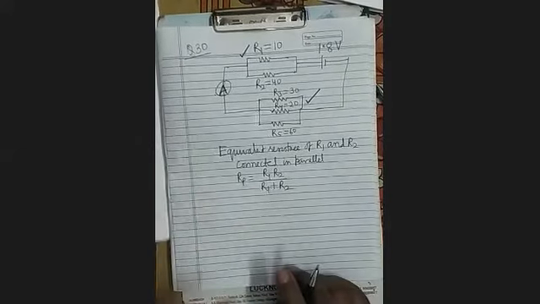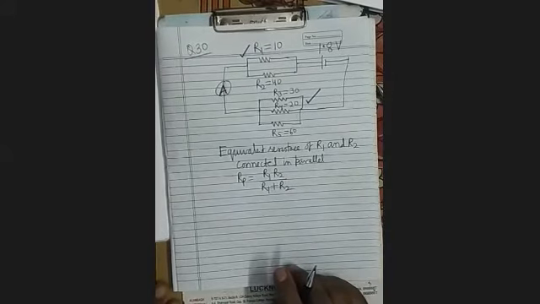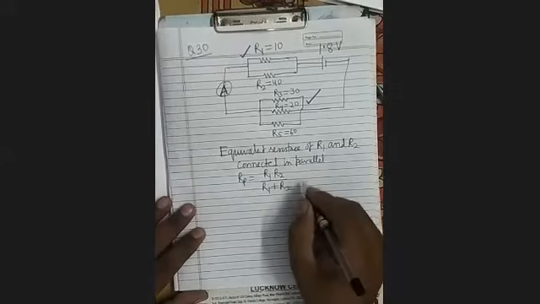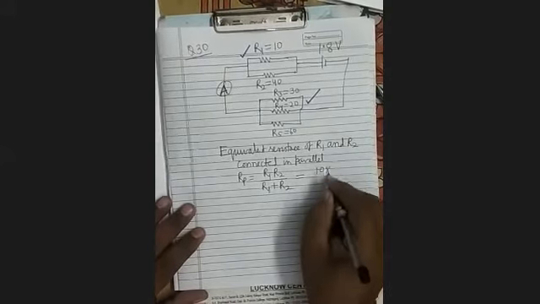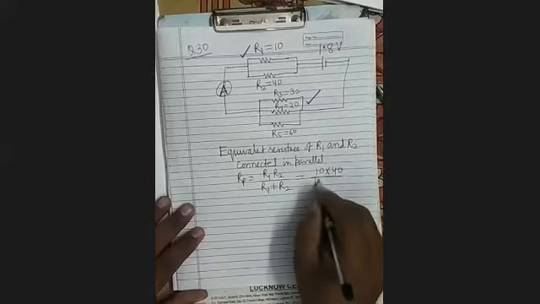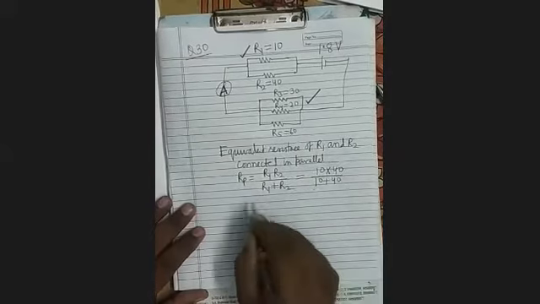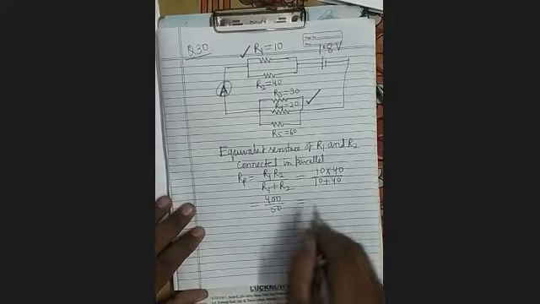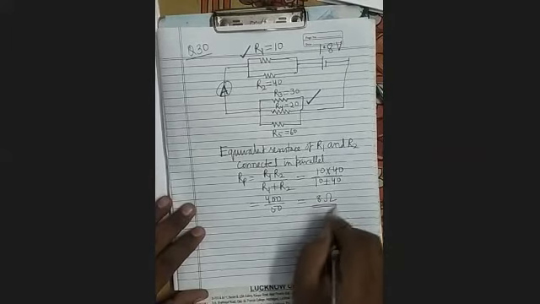This is also one of the formulas when two resistors are connected in parallel. So R1 R2, that is 10 into 40 upon 10 plus 40, that is 400 upon 50. So it is equal to 8 ohm.